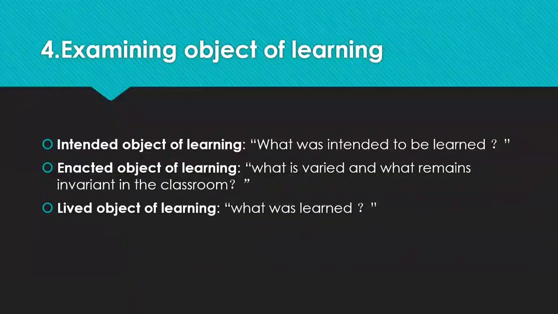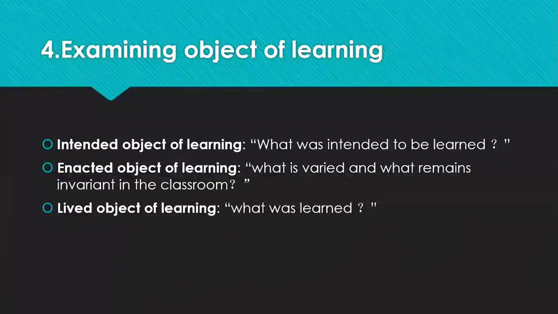The next one is enacted object of learning. This talks about the object of learning from the view of the researcher. It's a description of what is varied and what remains invariant.